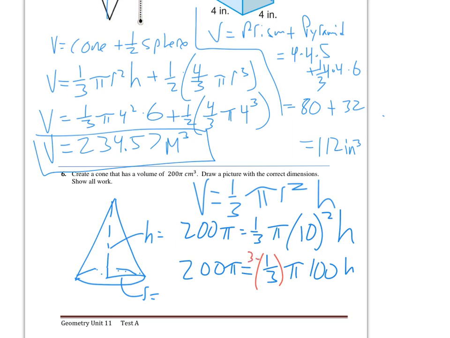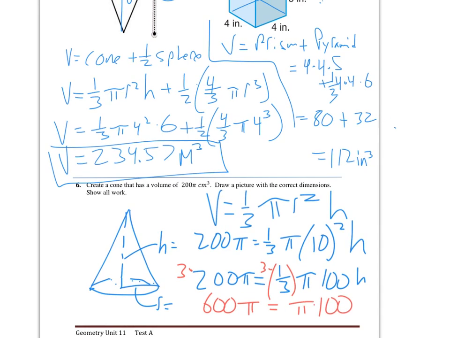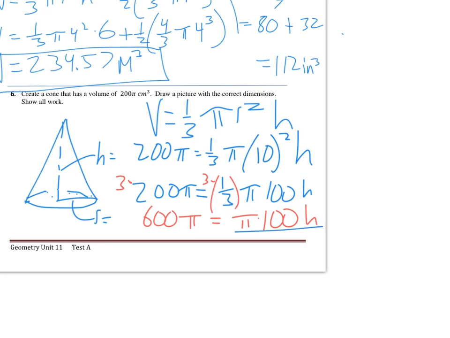If we multiply this side by 3 and this side by 3, then we have 600 pi equals pi times 100 times h. And now all we need to do is divide by 100 pi, and 6 equals h. So we chose a radius of 10 and got a height of 6.